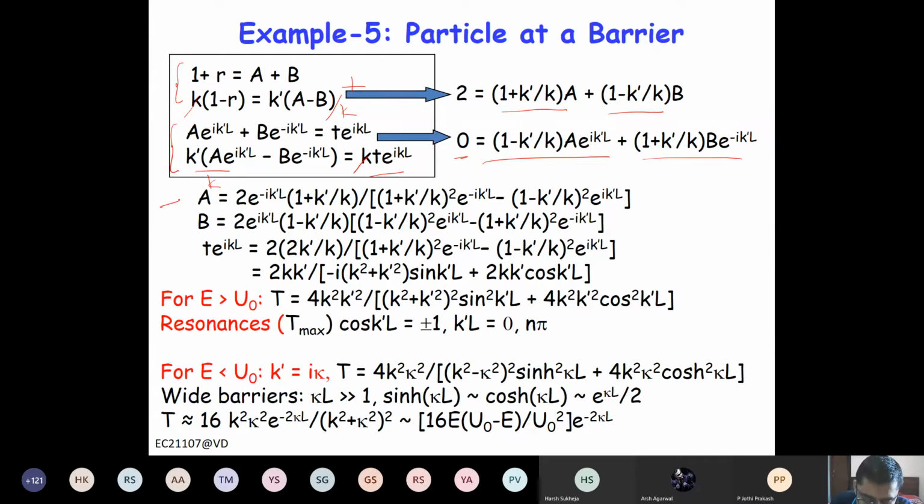See, if you want to obtain A, we have to eliminate B, right? And how are we going to eliminate B? You can multiply the second equation by e to the power iota k prime L, and 1 minus k prime by k divided by 1 plus k prime by k, right?